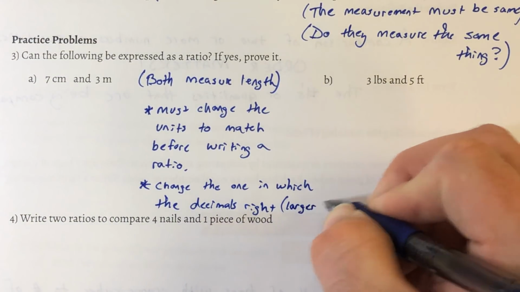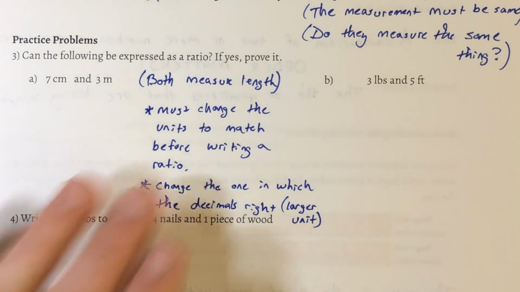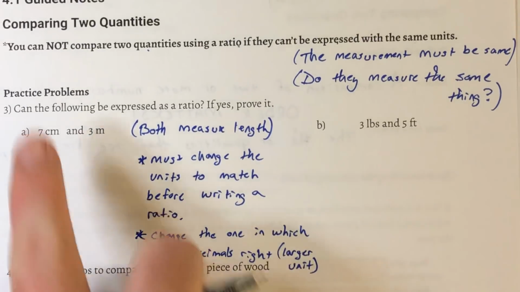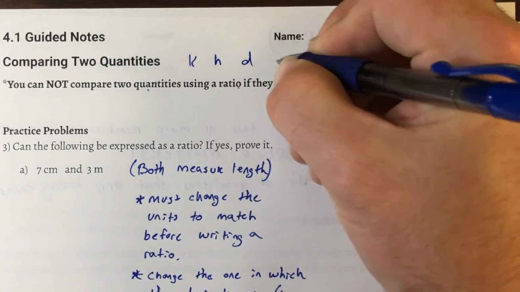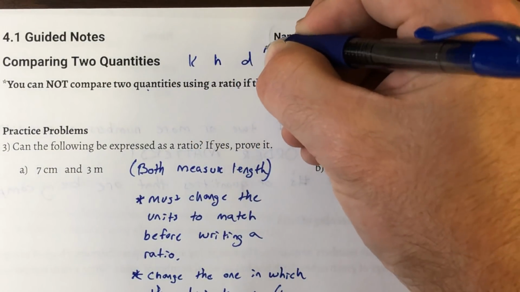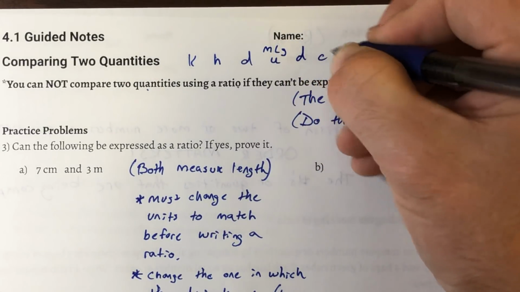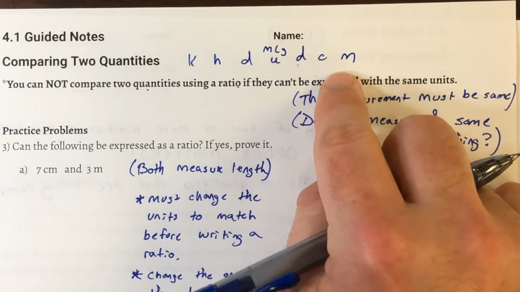The larger unit, basically. Technically, we haven't done any work, so it's not like this is a super long problem. All right, so let's write out our little scale. King Henry died unusually, which means meter, liter, or gram, drinking chocolate milk. So kilo, hecto, deca, meter, liter, or gram, deci, centi, milli.